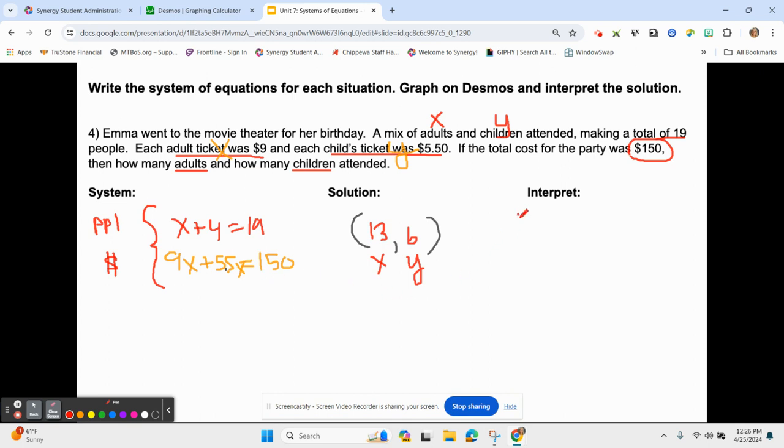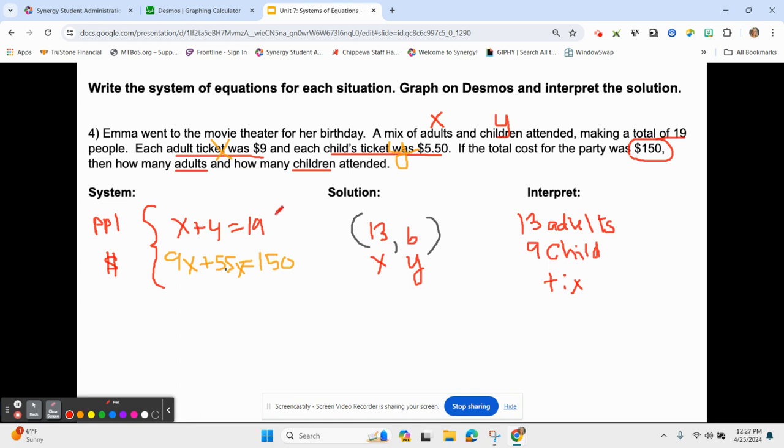So that tells me that there were 13 adults and 6 children tickets in order to satisfy this particular system.